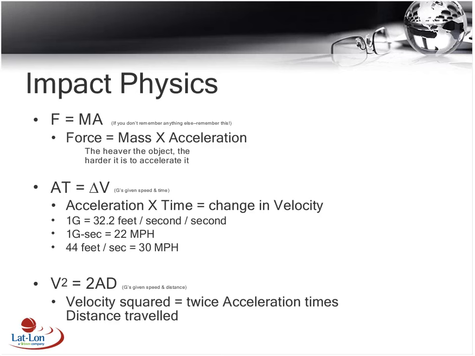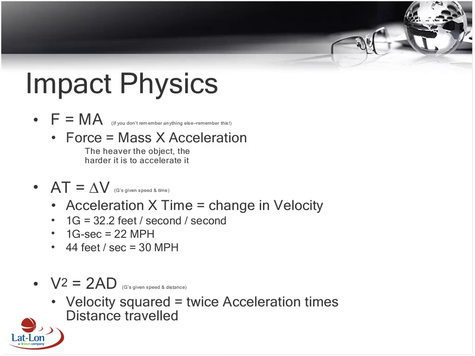The next one is acceleration times time is the change in velocity. So delta V is V initial minus V final, or vice versa, depending on how you want to look at that. So the acceleration of one gravity, which is what we're all feeling sitting in our chairs here, is 32.2 feet per second squared, or about 9.8 meters per second squared.